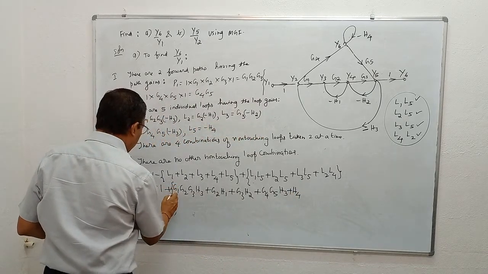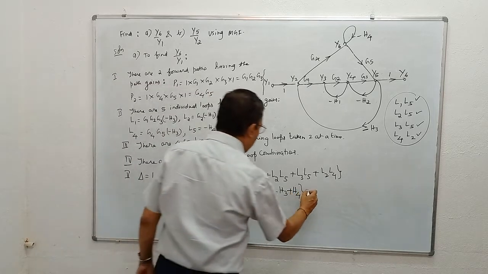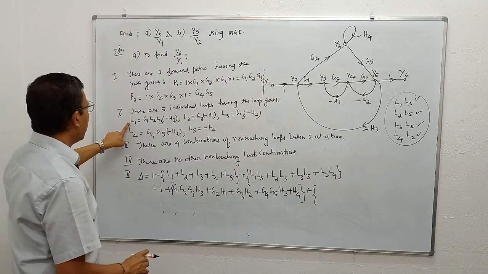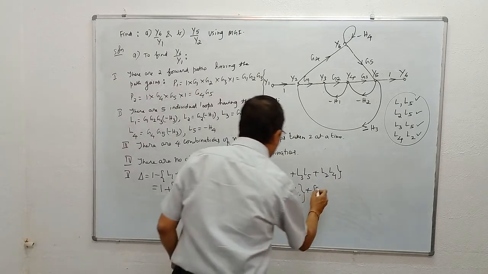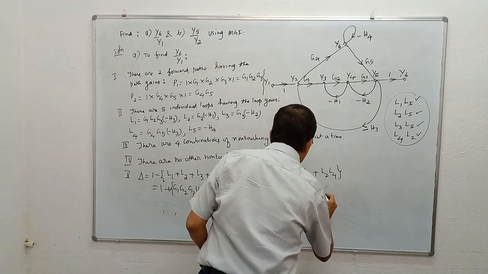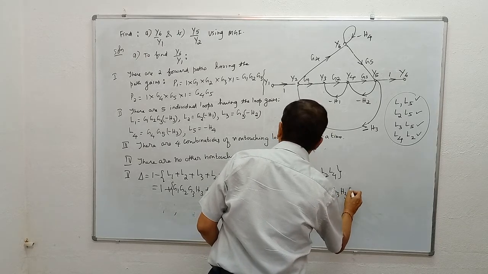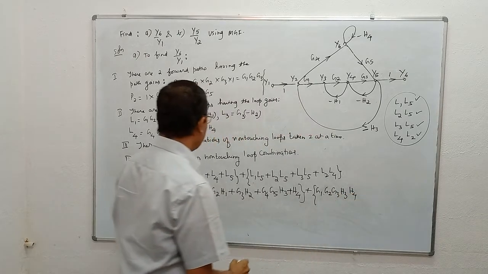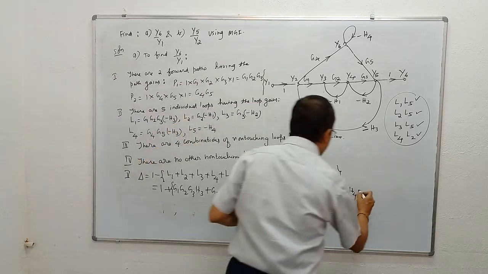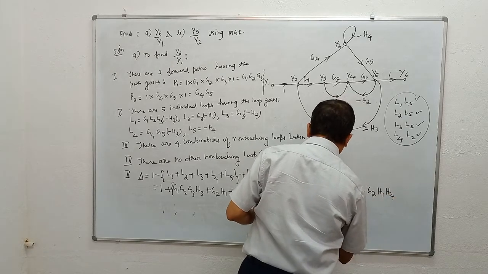These are the terms corresponding to this bracket. Next, terms corresponding to this bracket. L1, L5 if you multiply, you get G1, G2, G3, H3, H4. Next is L2, L5, that means G2, H1, H4 plus.